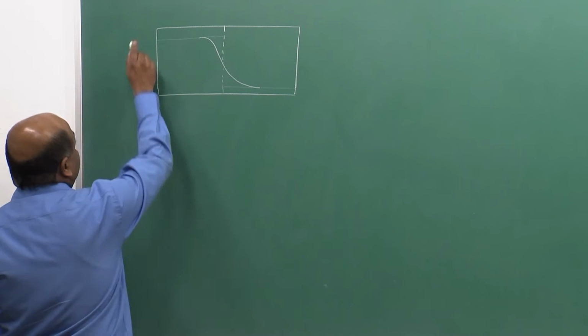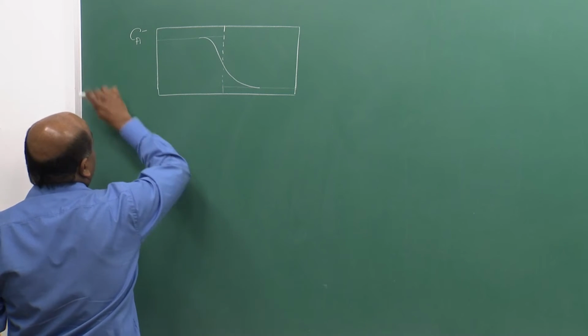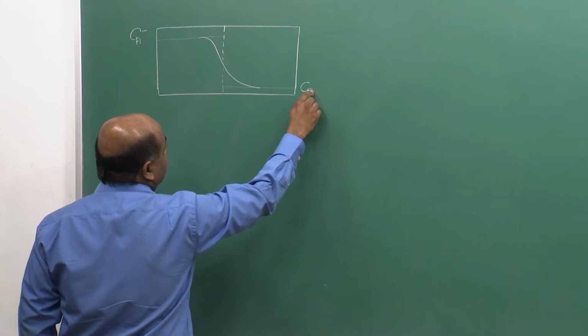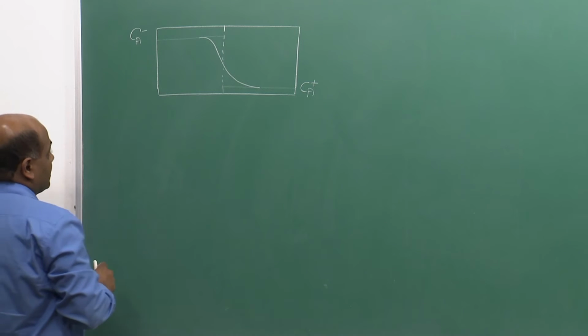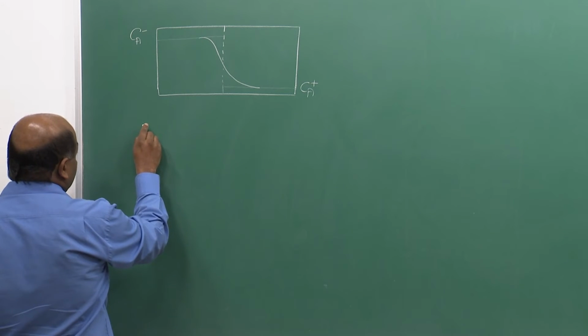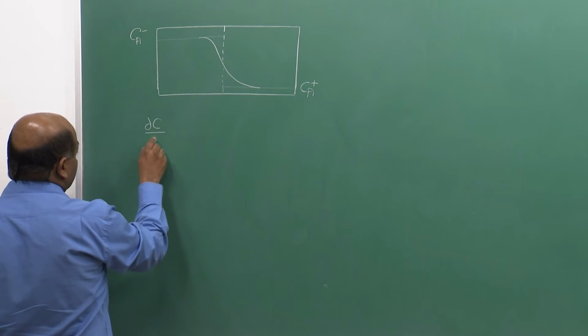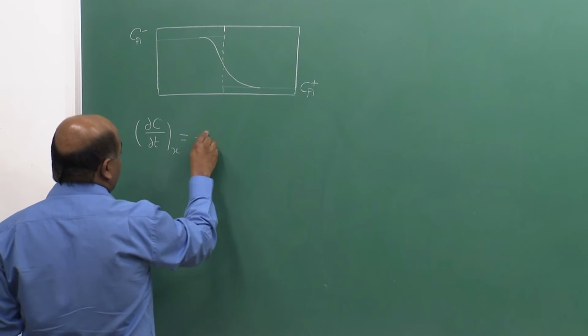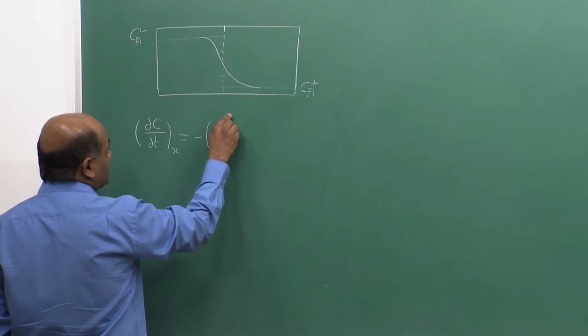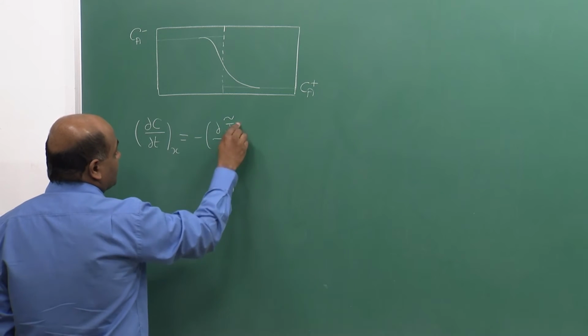We have Ca minus as concentration on the left side, Ca plus as concentration on the right terminal, and we know the diffusion equation: dou C by dou t at x should be equal to minus dou J tilde by dou x at t.